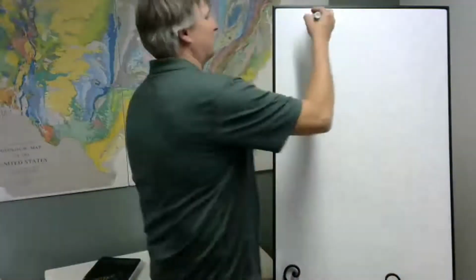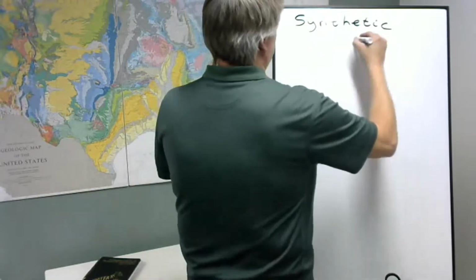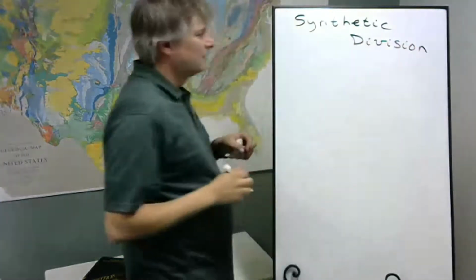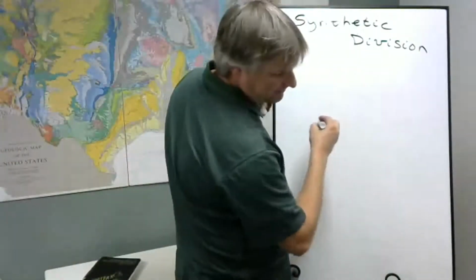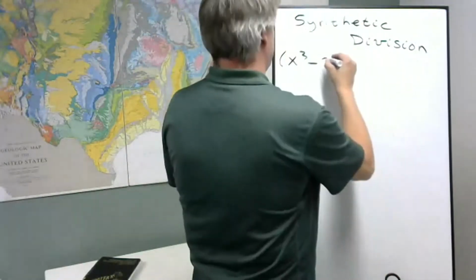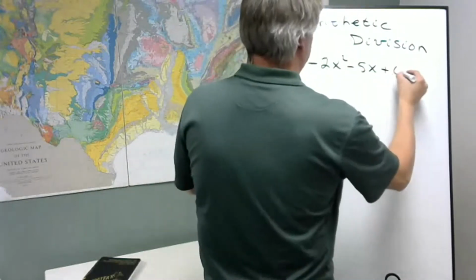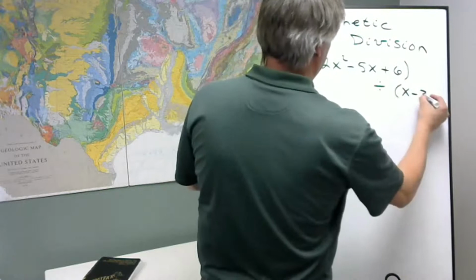So for synthetic division, what we're going to do is this. First, let's go back to that original problem we just did. Got our x cubed minus 2x squared minus 5x plus 6 divided by x minus 3.